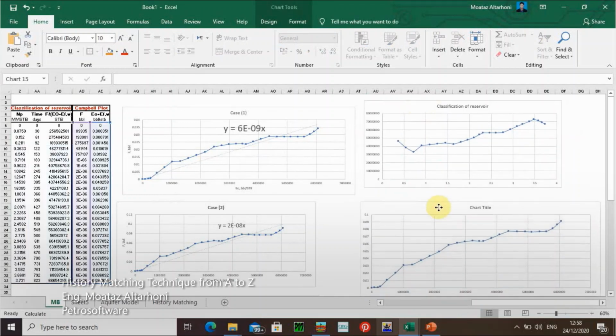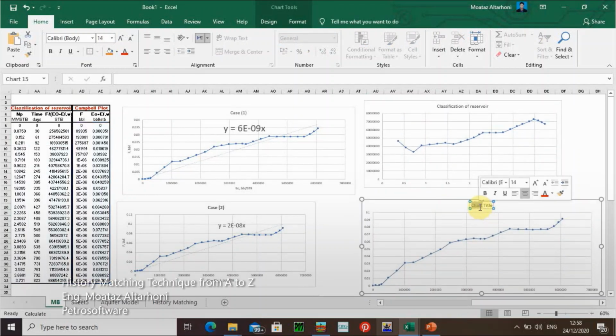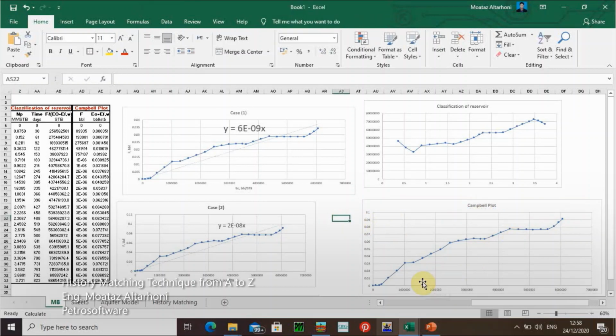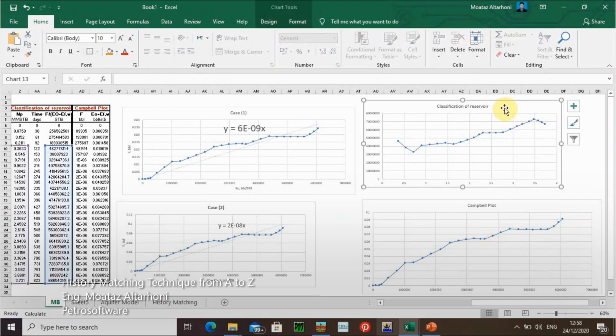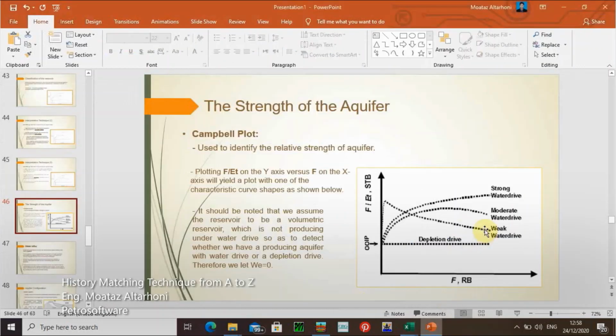Okay, in the Campbell plot here, this is the Campbell plot. All right. Yeah, I can classify this plot and this one. The Campbell plot indicates an increase of strong water. We can see here moderate, which means it increases some time, then decreases.